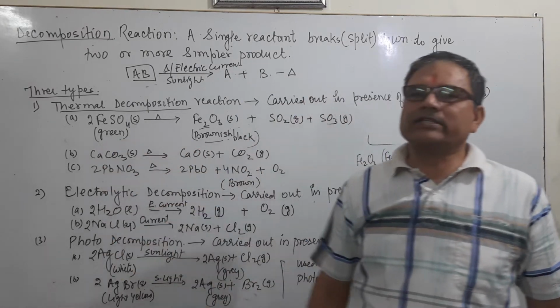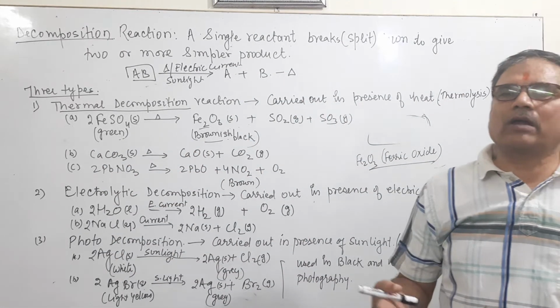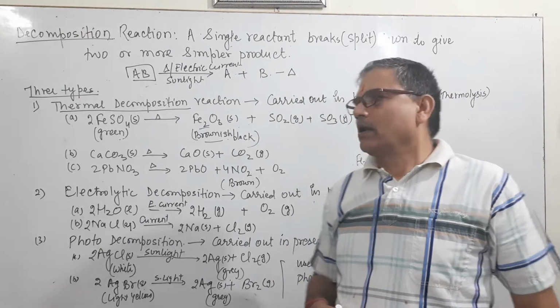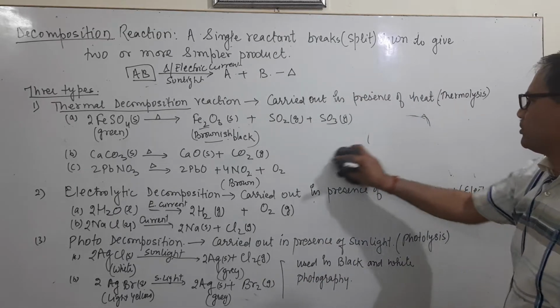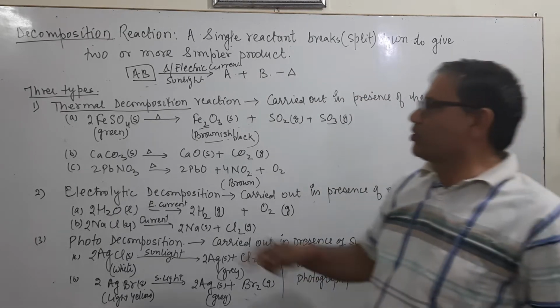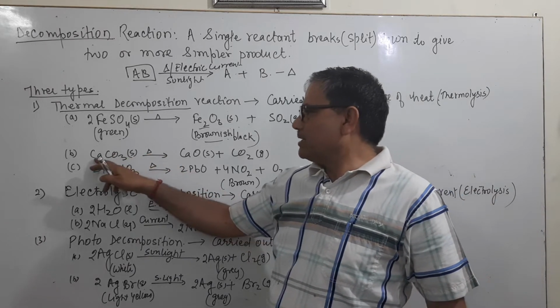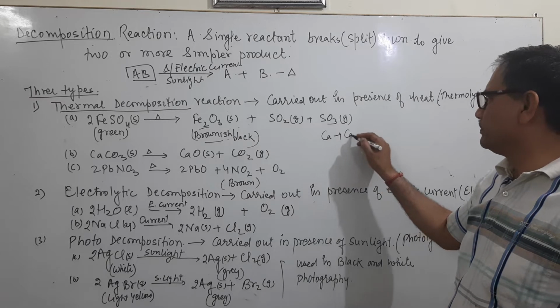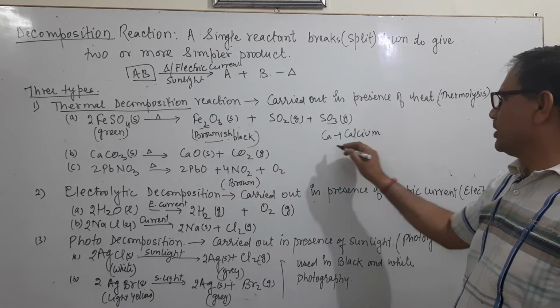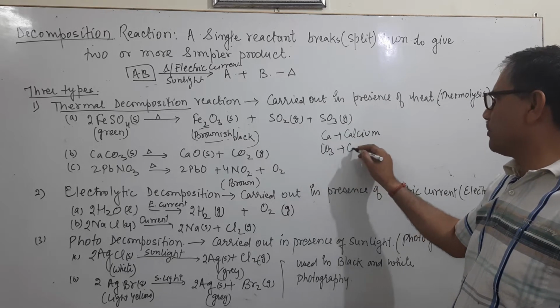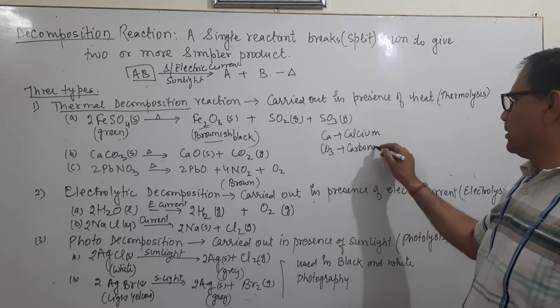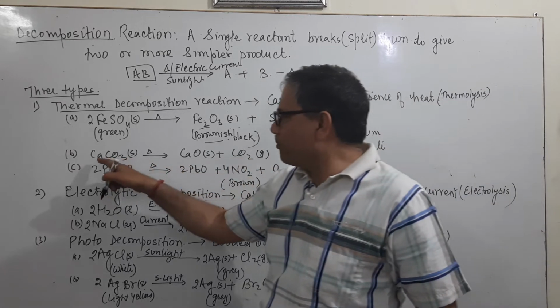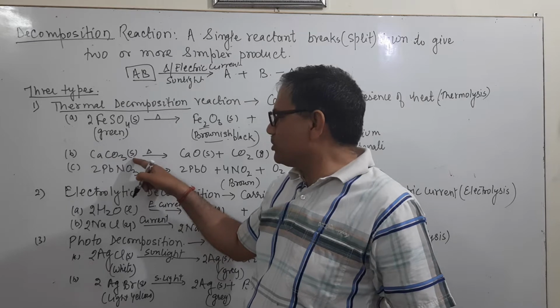Second, calcium carbonate. What do we say calcium carbonate? Limestone. This limestone, which is solid in nature, when heated: Ca is calcium, CO3 is carbonate, that means it forms calcium carbonate, which is in solid state.